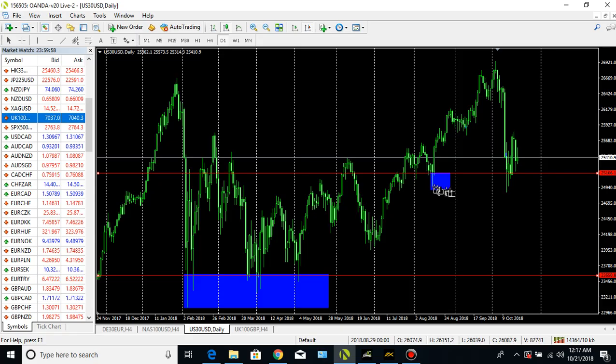Those who use supply and demand know that this was broken and no longer holds, meaning they were expecting the price to go down, meaning your supply and demand would have failed you here. But coming to the RP numbers, would they fail you? Let's check. No. Can you see that?